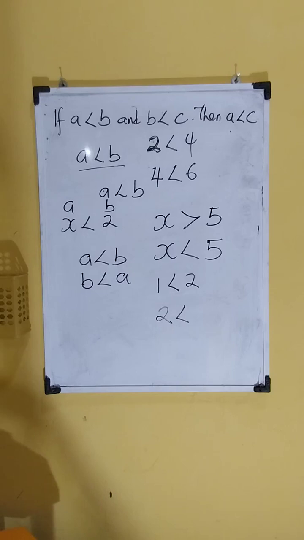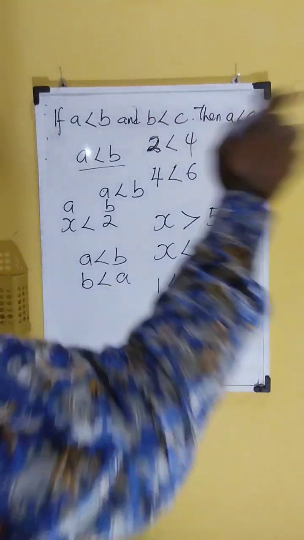If you indicate 4 is less than 6, that means B is less than C. But the question is A is less than C. So it should be 2 less than 6. I know 4 is less than 6, but following the example there, it's supposed to be 2. Okay, Memuna, it's fine.